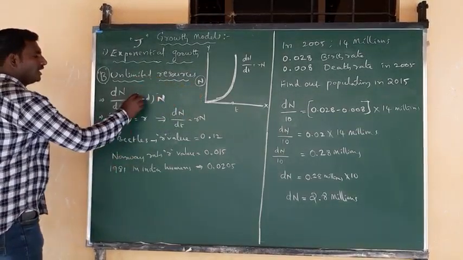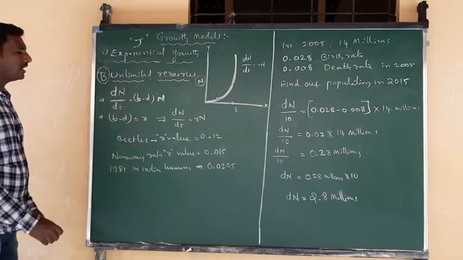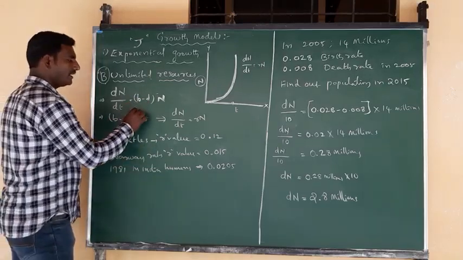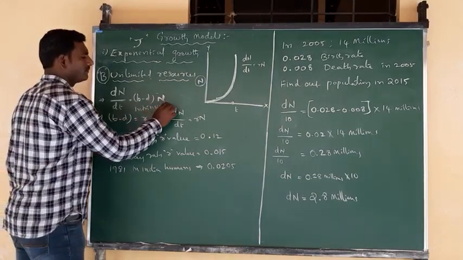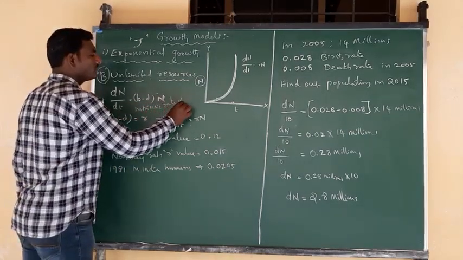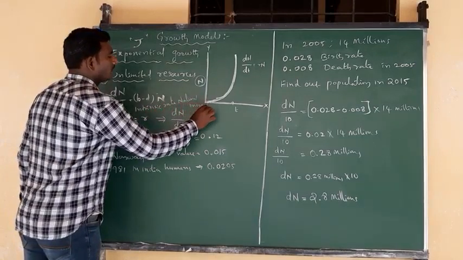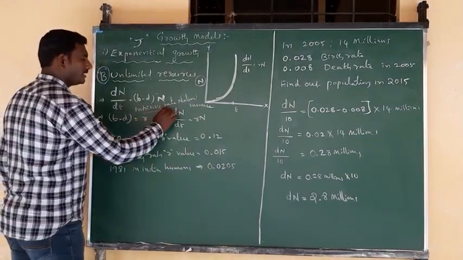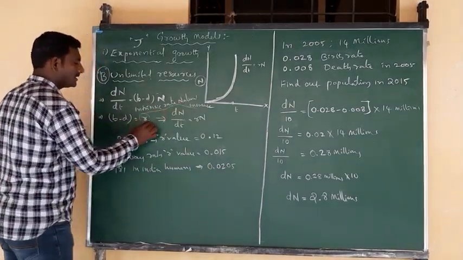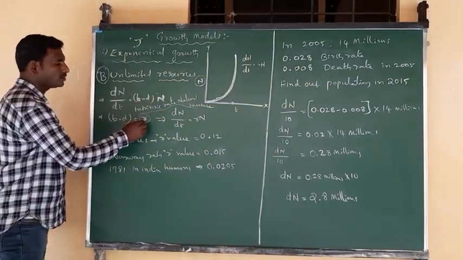Here b minus d is equal to r, where r is the intrinsic rate of natural increase. This intrinsic rate of natural increase is simply represented as r. So b minus d is equivalent to small r.